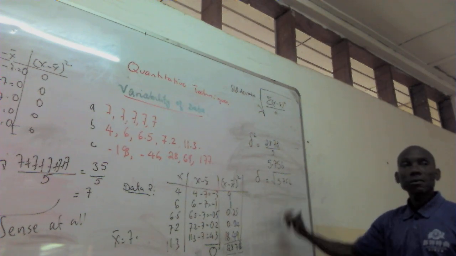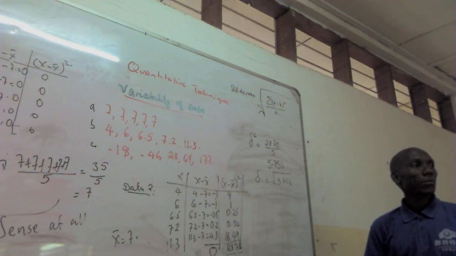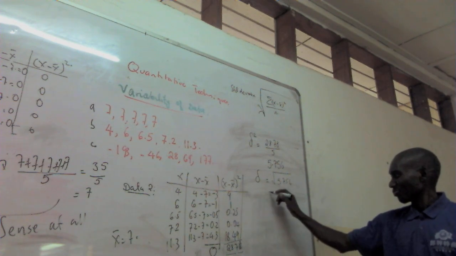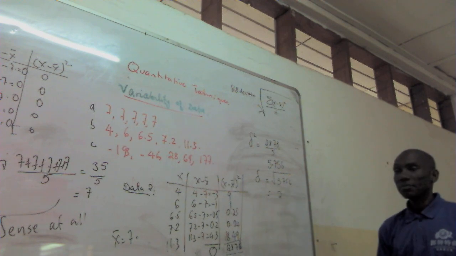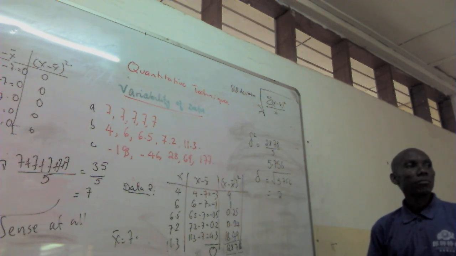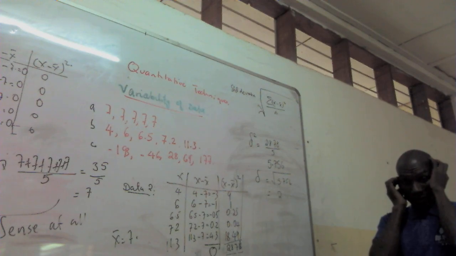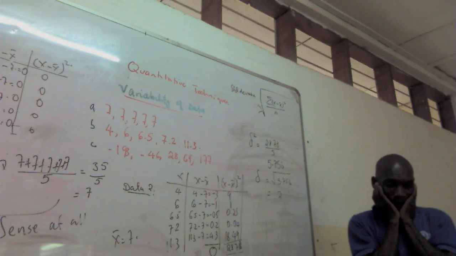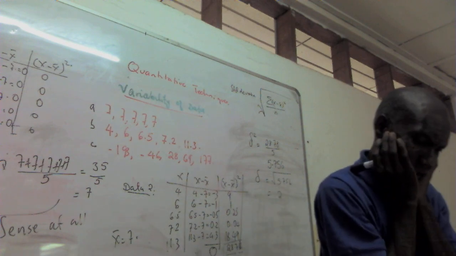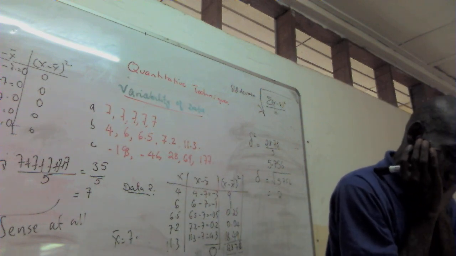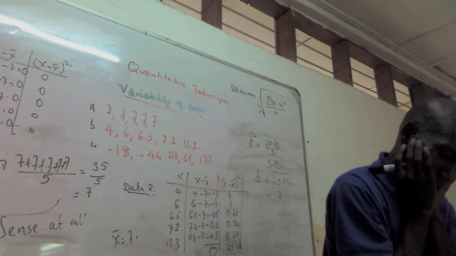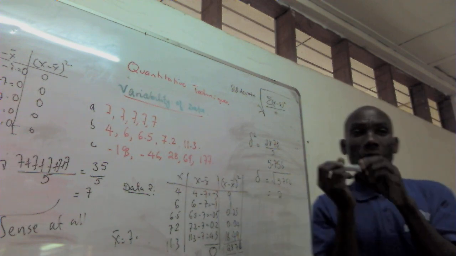What would that be? Standard deviation, 2.4.